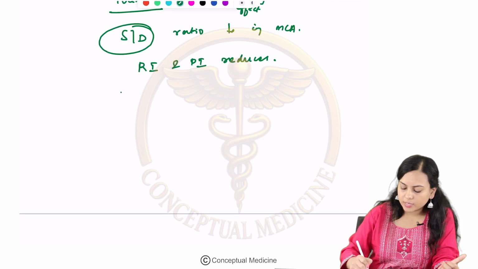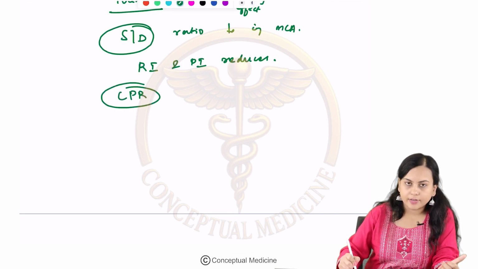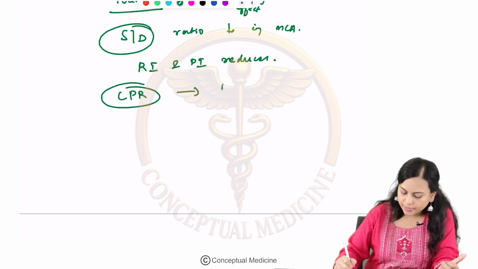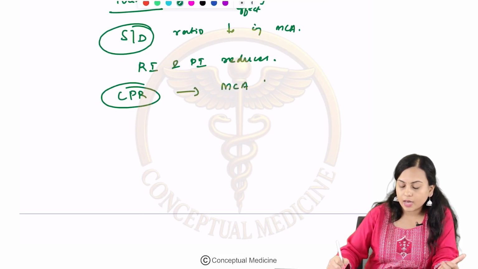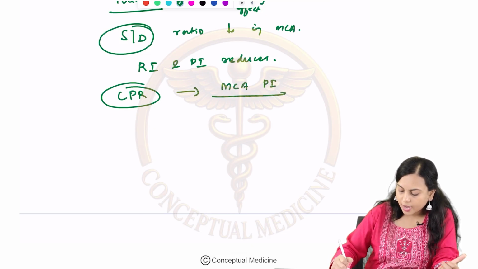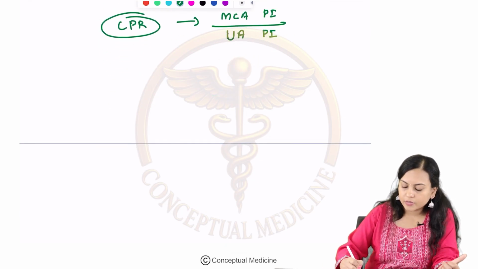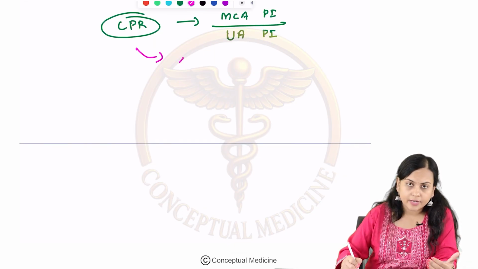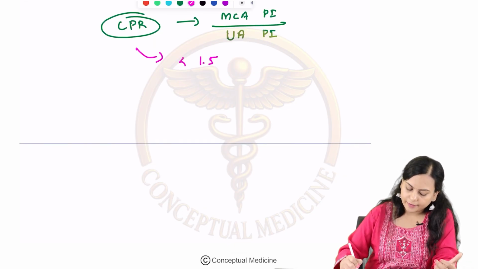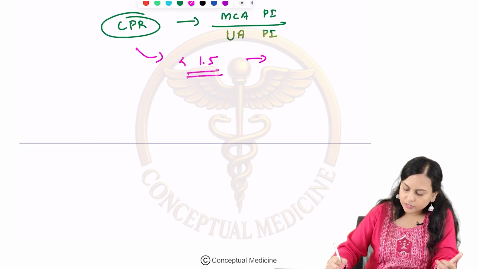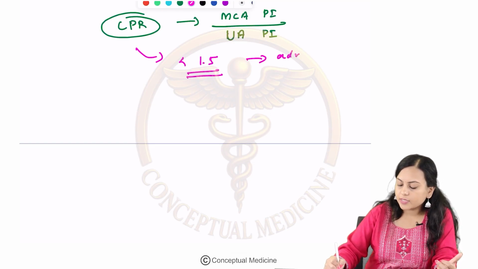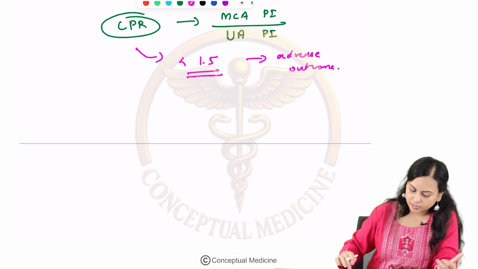Another ratio is the cerebroplacental ratio, which is the ratio between middle cerebral artery pulsatility index and the umbilical artery pulsatility index. Here, if you see a ratio less than 1.5, then it is found to have adverse outcome. Clear? Right.